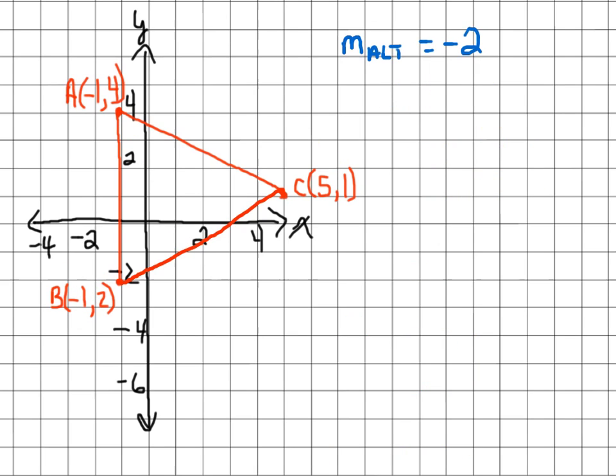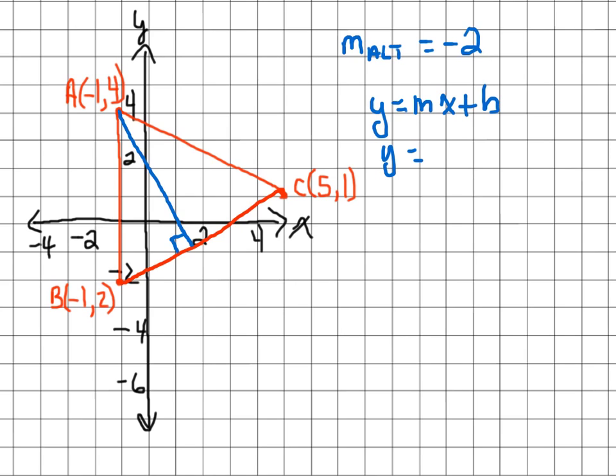So we know that we calculated the slope of the altitude as -2, and we know the equation of the altitude must be in the form of y equals mx plus b.